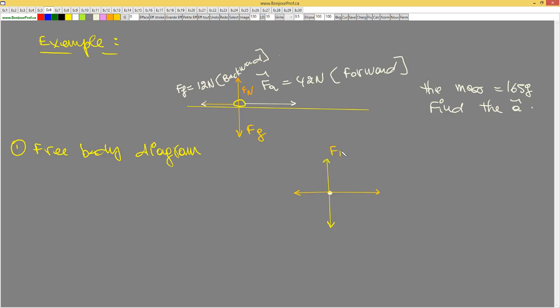This is the normal force. This is the gravitational force. They have the force applied in this direction, equal 42 newtons. And we have the force of friction, equal 12 newtons. Understand?